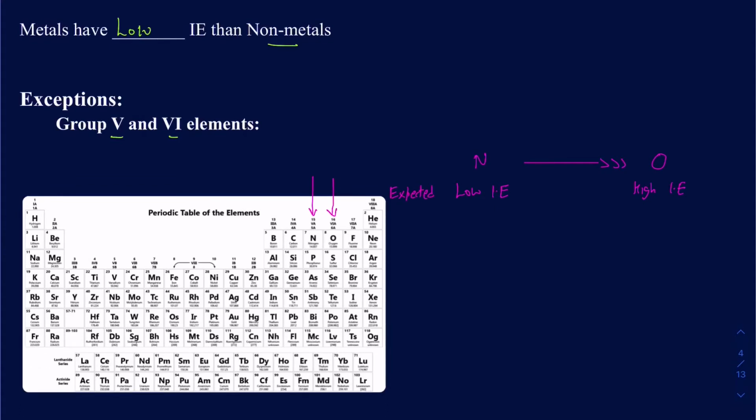However, that's really not the case, and the reason why, when we're looking at the electronic configuration of nitrogen, it's going to be helium 2s2 and 2p3. And in case of oxygen, it's going to be helium 2s2, 2p4.